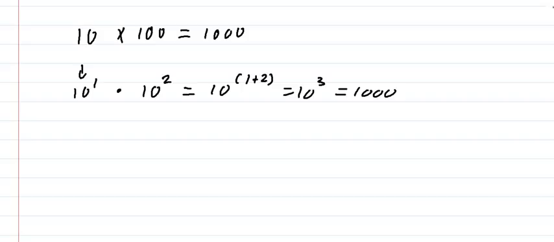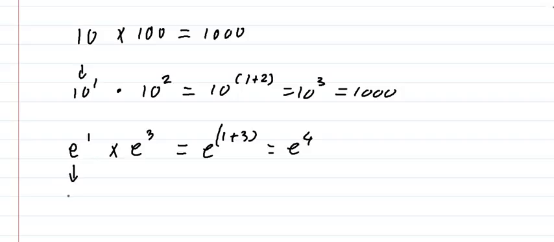If we now write down the calculation that we've just done, we worked out that e to the power of 1 times e to the power of 3 gave e to the power of 1 plus 3, which is obviously e to the power of 4.